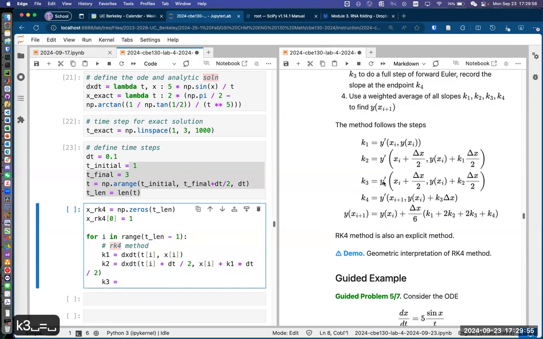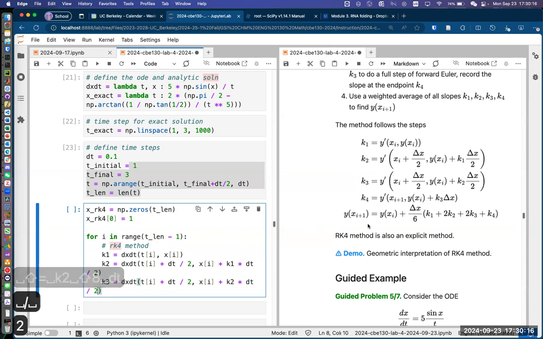K3 is equal to dx/dt evaluated at t plus half step size, copy and paste, and evaluate at x of i plus K2 multiplied by dt divided by 2.